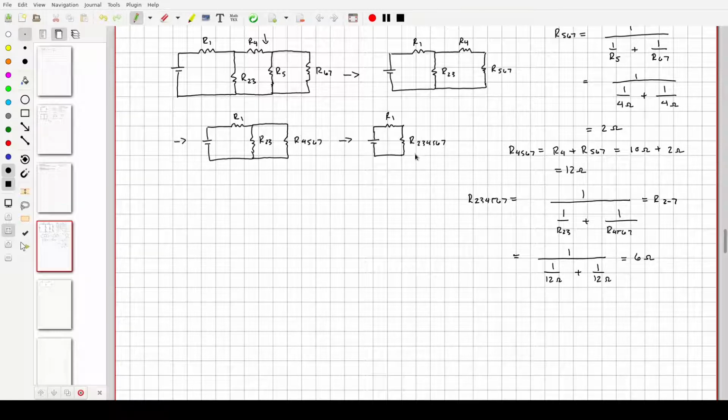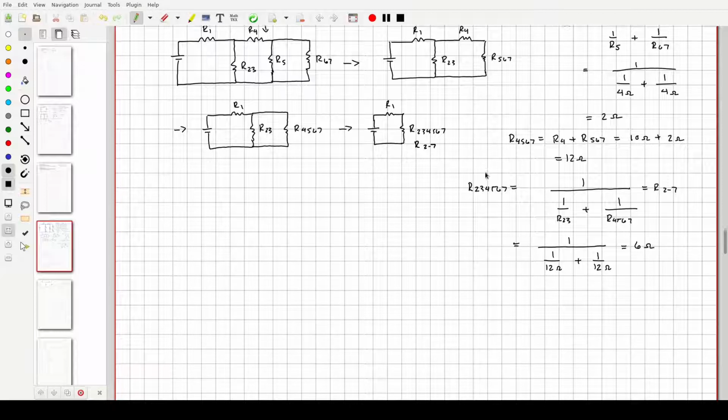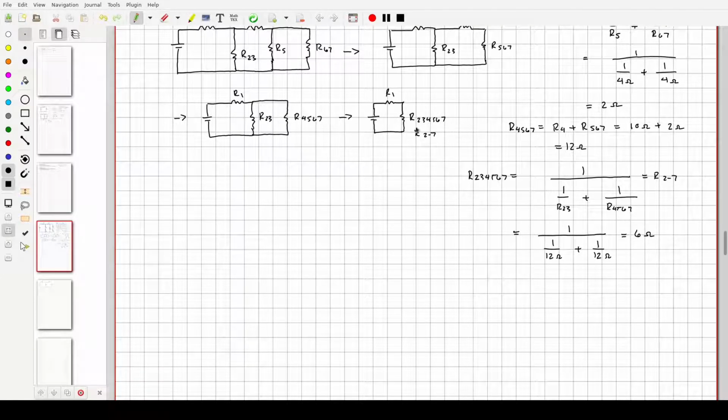Okay. So this is R2 through 7. And finally, we have these resistors that are in series. So your last reduction in complexity gets us to our overall effective resistance. R effective, which in this case is just going to be R1 plus R2 through 7.